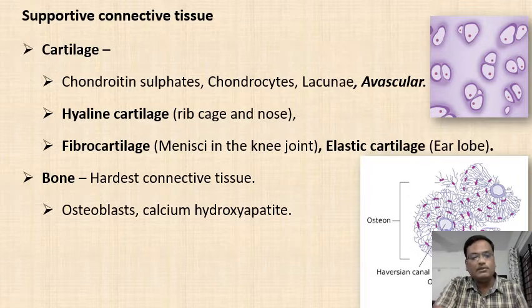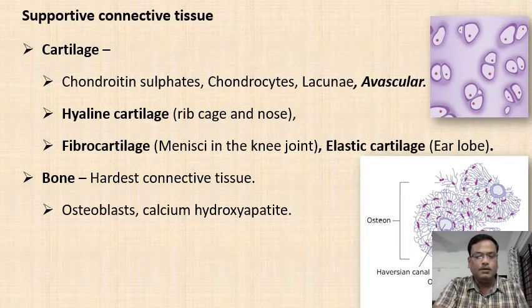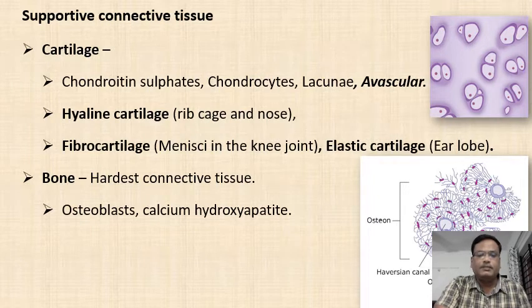Since the blood vessels are absent in the cartilage, all these materials have to diffuse from wherever the blood vessels are. Normally the blood vessels are found in the surface area. From there, the nutrients and gases will diffuse, and from the tissue, the excretory materials and carbon dioxide will diffuse to the blood vessels or blood.